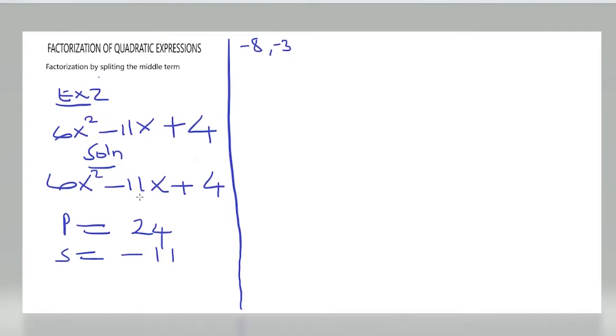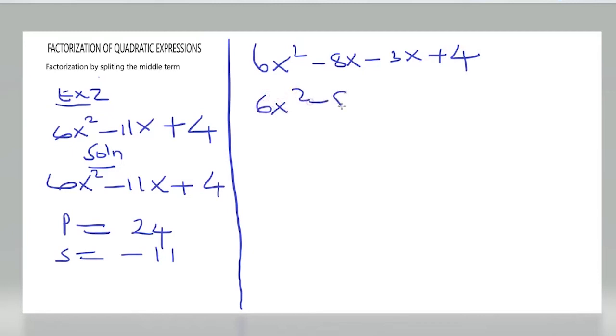So for this case, the middle term will be negative 8x plus negative 3x. Now 6x squared, then split the middle term: negative 8x, then minus 3x, then plus 4. Now divide into two parts: the first part, 6x squared minus 8x, then negative 3x plus 4.